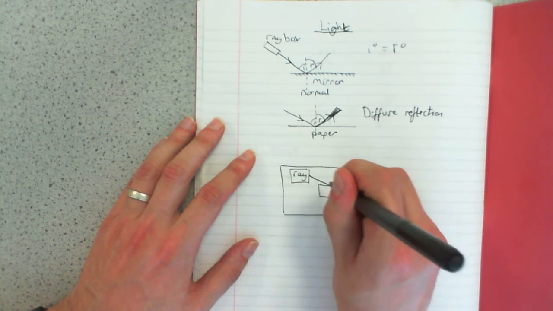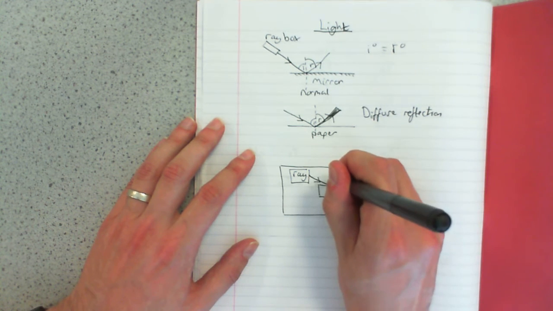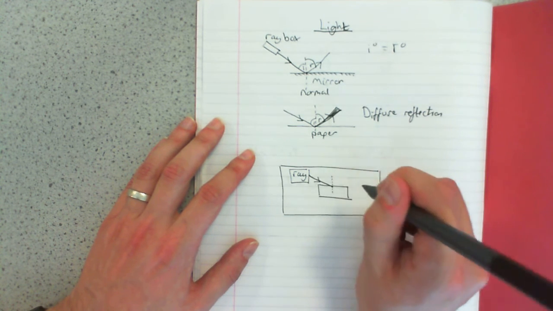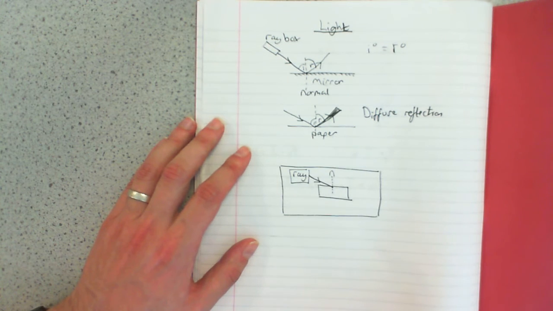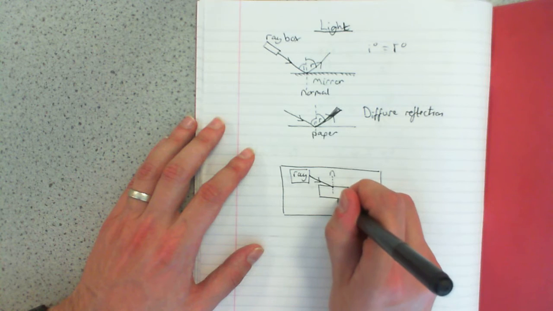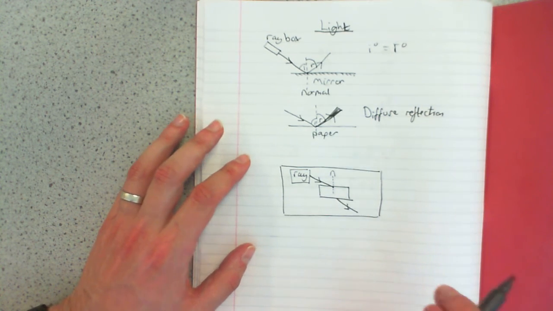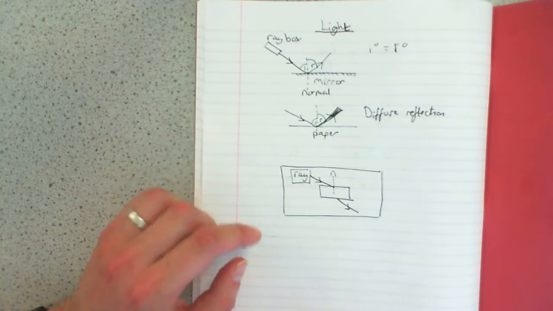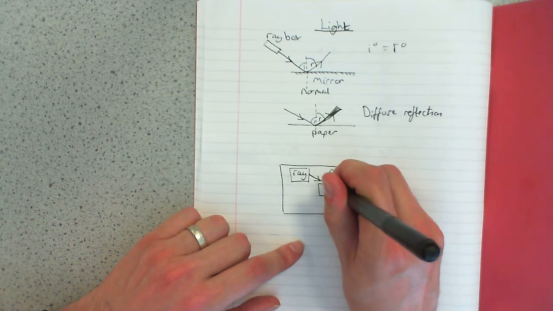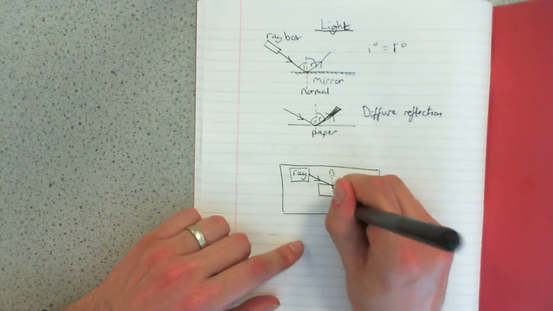Angle my incident ray onto my block, tracing over it with pencil. I would draw my normal. I'm just going to label it N to save space. I would then trace over where it leaves the block, again using pencil. Move my block out of the way and I'll join up where it enters to where it leaves. Draw a normal from where it leaves.